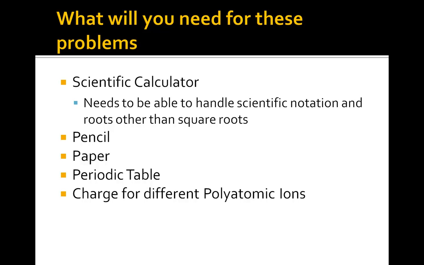Paper, obviously, if you have something to write on. A periodic table, and the chart for different polyatomic ions. So the ones that I would recommend knowing are hydroxide, OH, sulfate, SO4, carbonate, CO3, and phosphate, PO4. If you know those, you'll probably be fine for any of these KSP problems.